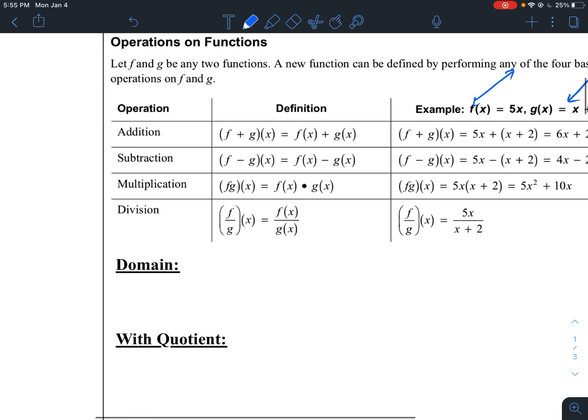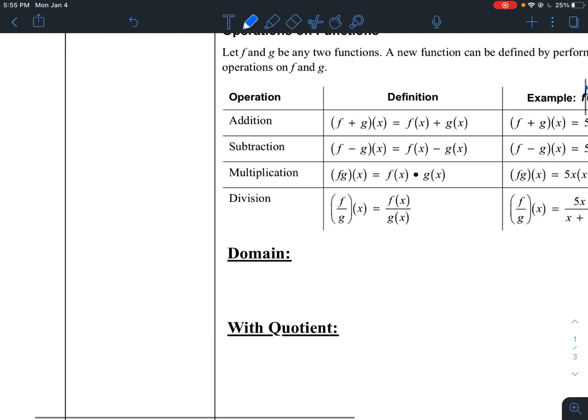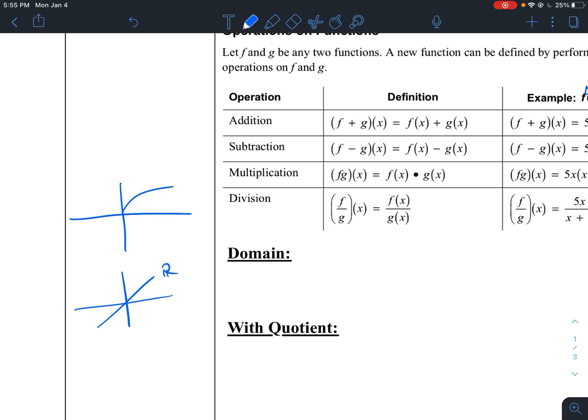But let's say you had a square root function and you were to add it to a linear function. The domain for the linear function is all real numbers.